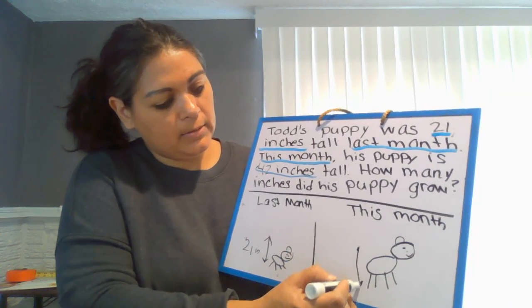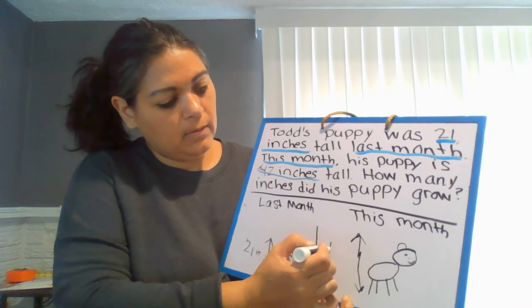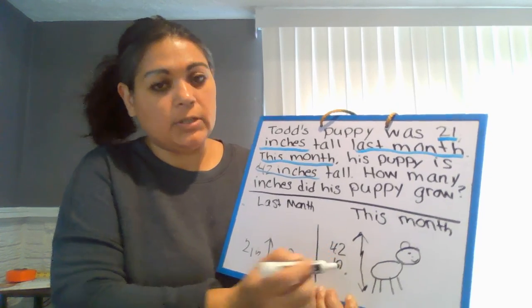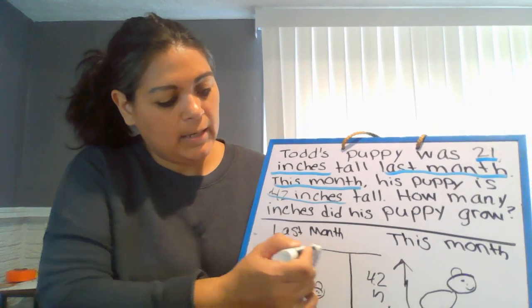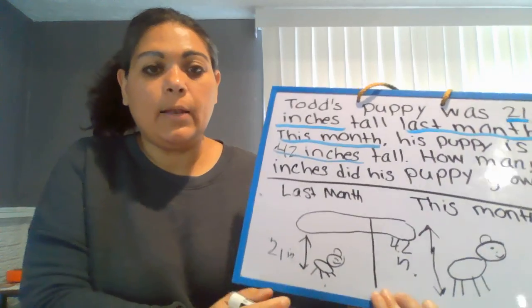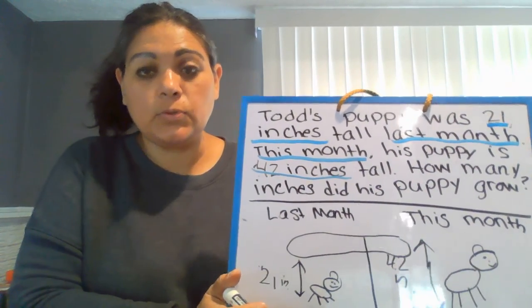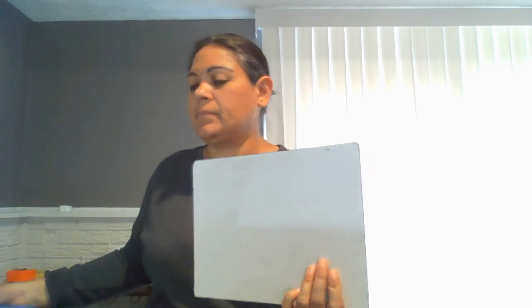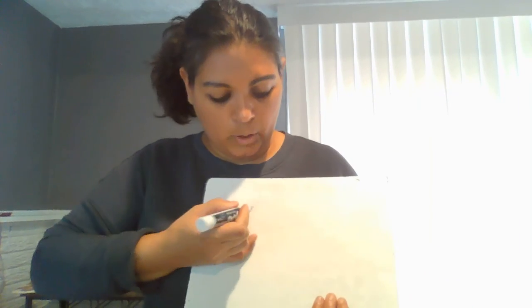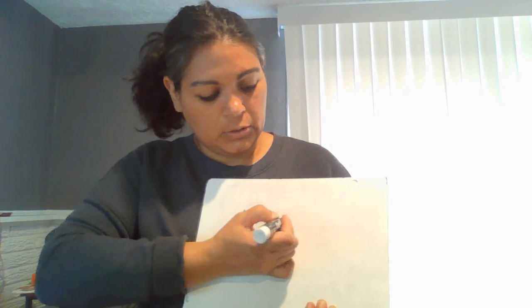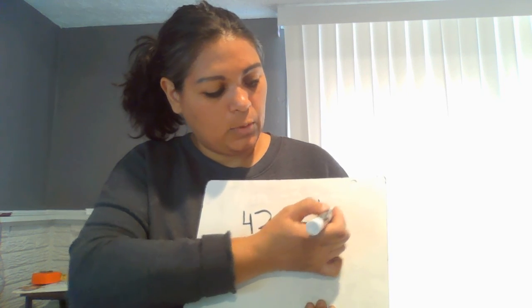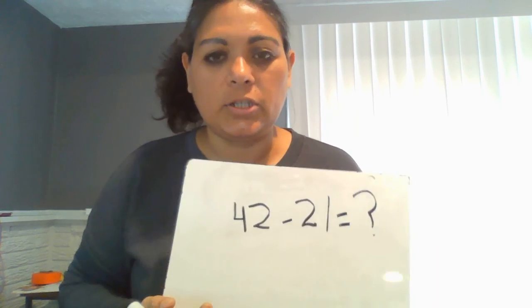The puppy is 42 inches. So I know those are the groups comparing. I want to see the area and where the puppy grew, the difference between those two groups. So let's start our equation. To begin my subtraction problem, I'm going to put my largest number first. 42 minus 21 equals, there's that question mark.